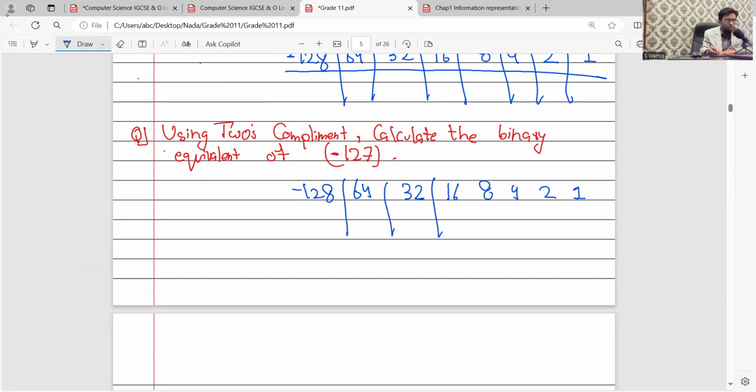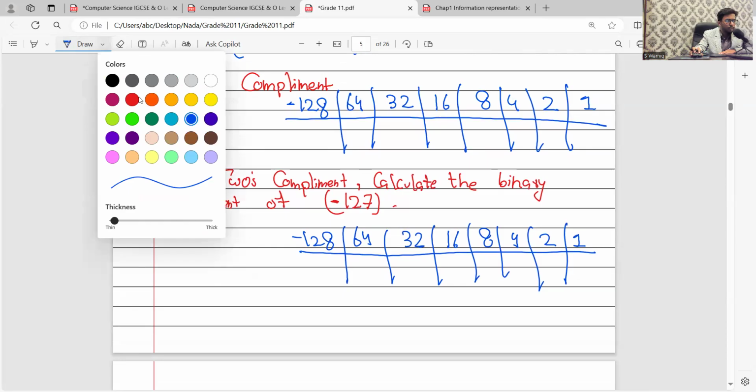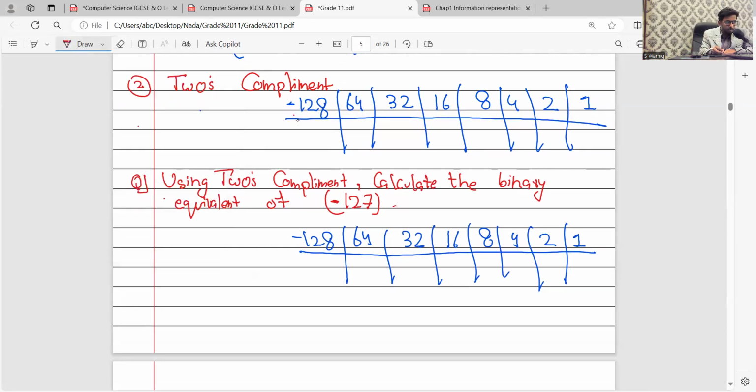And you see that in this series, one special thing I have right here is that the last number is minus 128. You know what opportunity this minus 128 is giving me? This minus 128 is giving me the option to convert negative numbers, right?